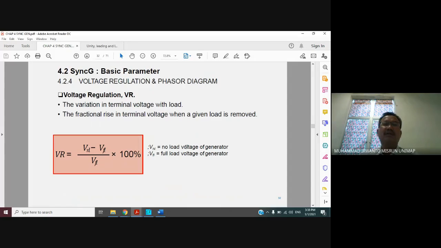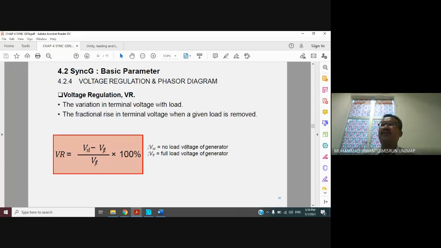Okay. Now, regarding the terminal voltage or phase voltage, for example, we do the open circuit of the synchronous generator. We have one voltage, meaning the synchronous generator is not loaded, so we measure one value of no load voltage.